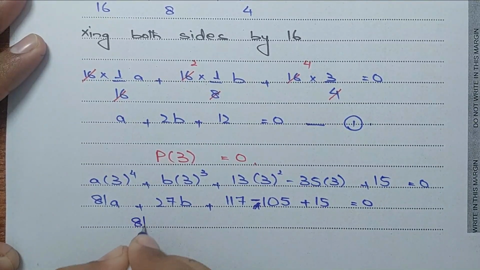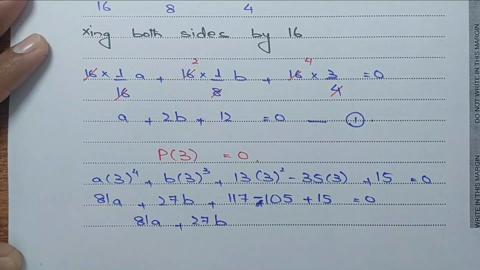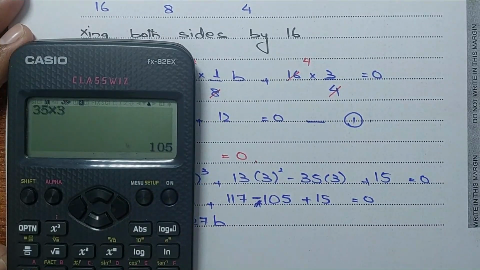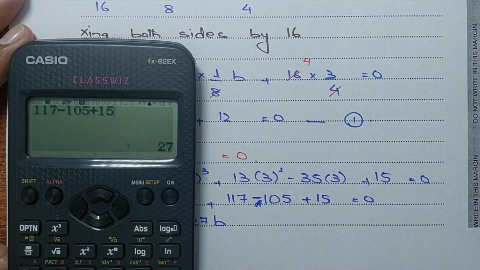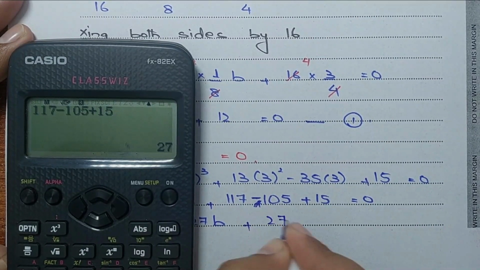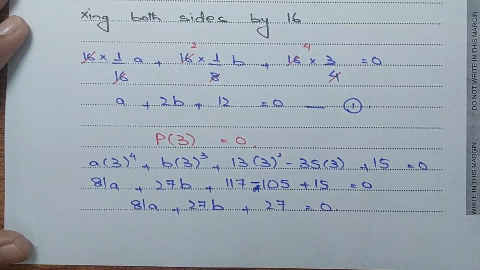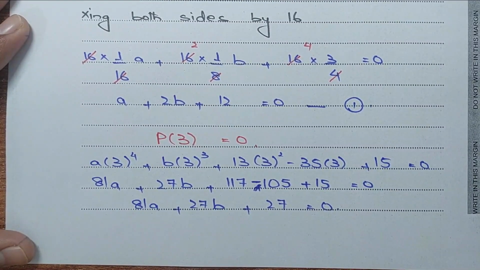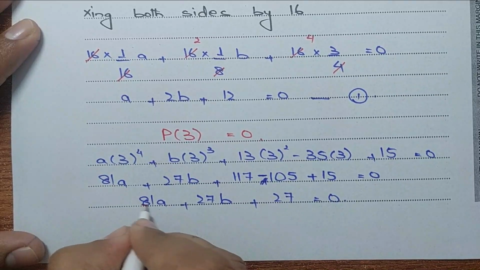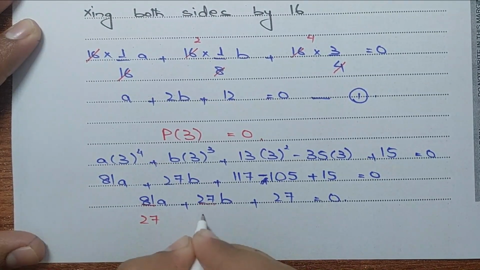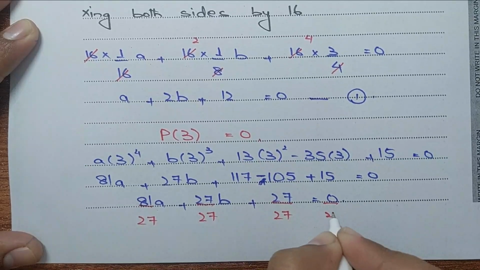Now we have 81a plus 27b, and these are the constants. Let me simplify. 117 minus 105 plus 15, which is 27, plus 27 equals 0. Okay, so can we divide it by 27? Every term is divisible by 27, yes. Divide everything by 27 on both sides.